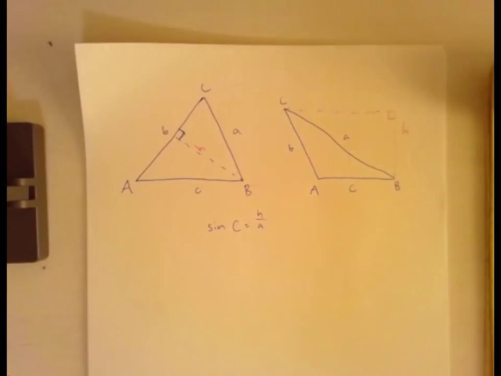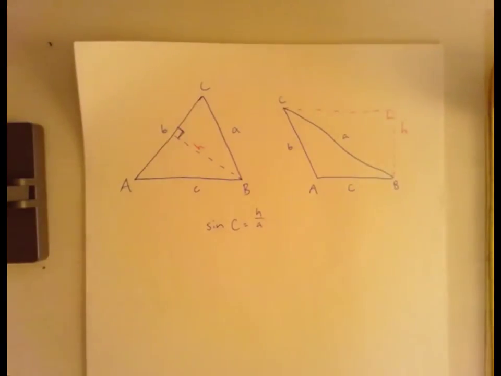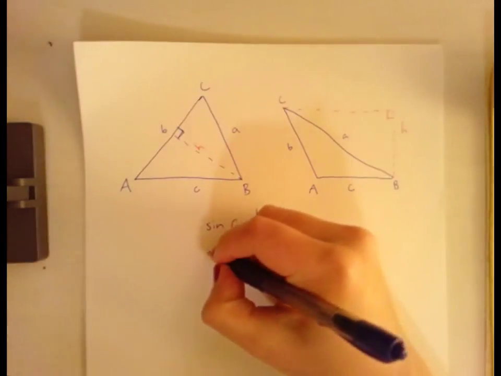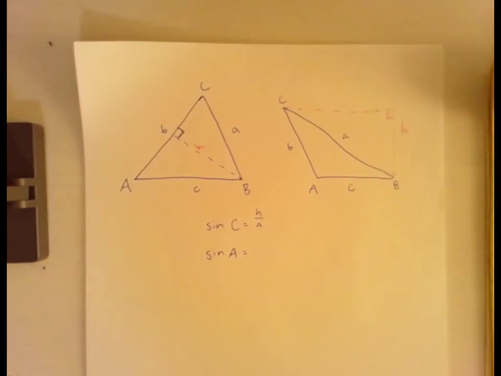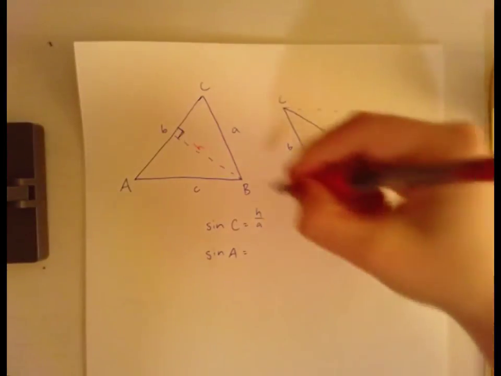The next thing I'm going to talk about is sine of A, for both of these. Sine of A is the same ratio for both of these triangles, but it's not really clear visually yet. Let's draw a little bit more onto our triangles first.